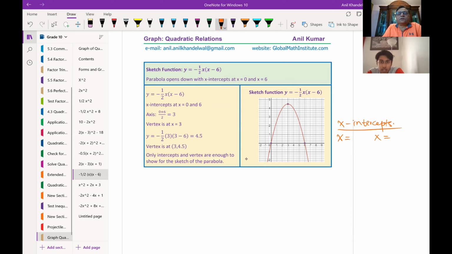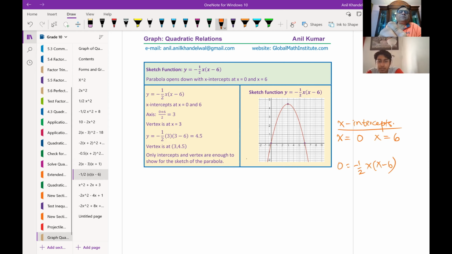So equate y with 0. If we put y as 0, then it'll be negative half x multiplied by (x minus 6) equals 0. So x equals 0 and 6. 0 and 6 are the two x-intercepts.